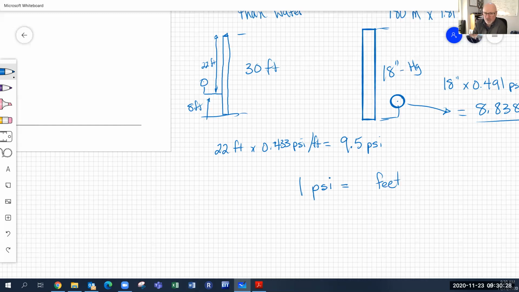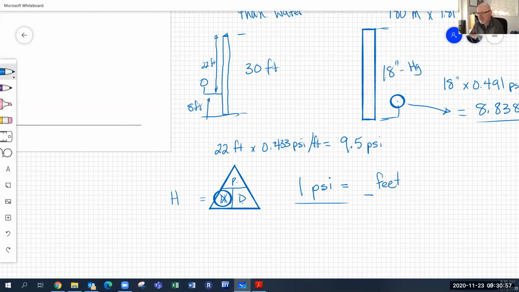So anytime we're doing a pressure calculation, I want you to remember that formula triangle where the pressure is equal to the height times the density. If I'm given the pressure, it goes on the top. I'm given the pressure and I want to know my height, so I'll take that out of the formula and divide the pressure by the density.